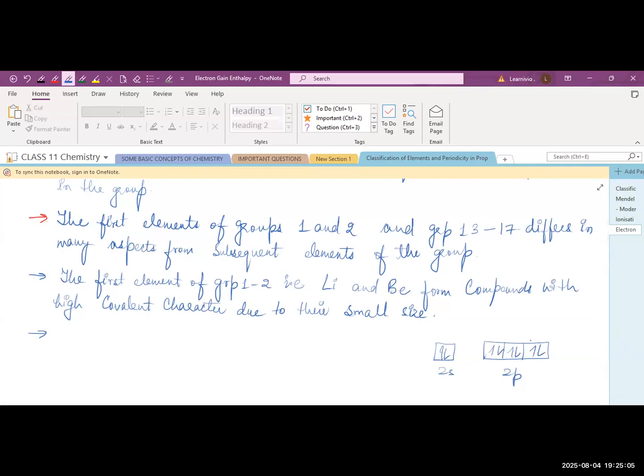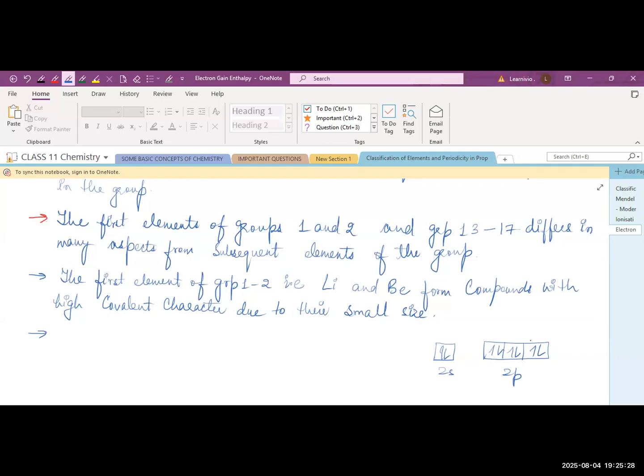But beyond the second period, what happens? The elements have the tendency to have more than 8 electrons, right? When you write down the electronic configuration, you will get to know that their orbitals are more than that. Here there are 4 valence orbitals, so they can accommodate only 8 electrons in their valence shell.